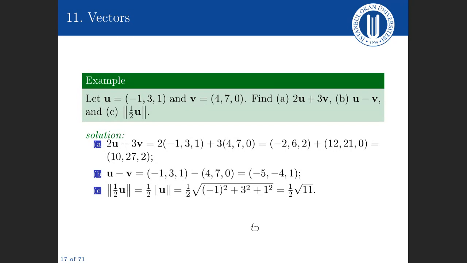Let u be the vector minus 1, 3, 1, and v be the vector 4, 7, 0. Find 2u plus 3v, u minus v, and the norm of a half u.